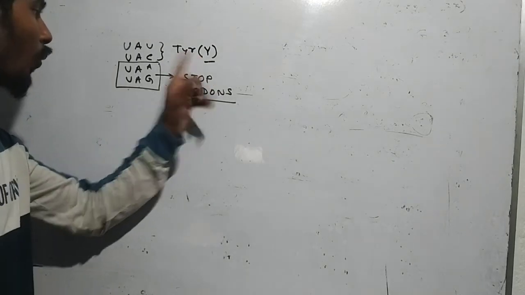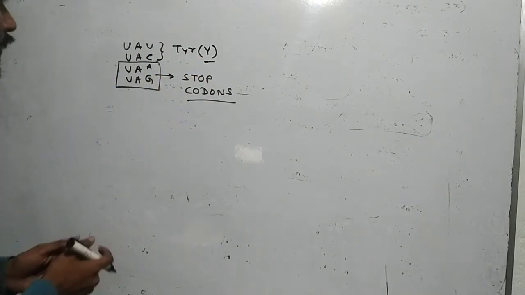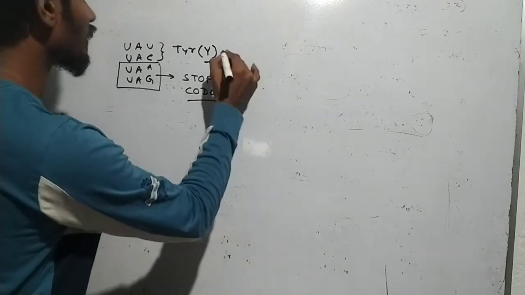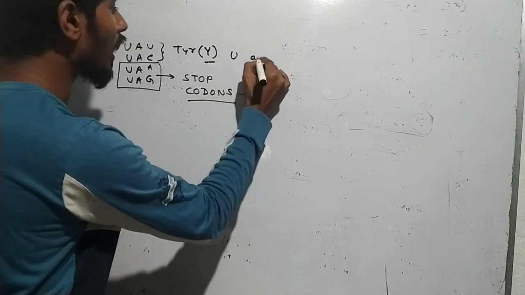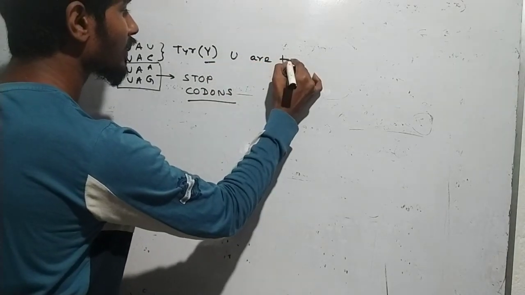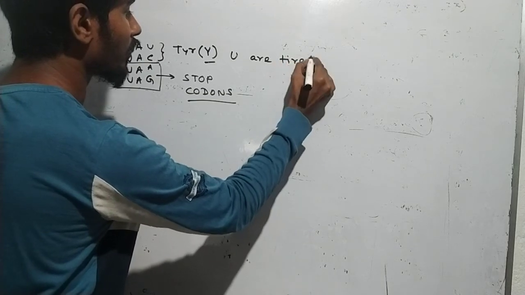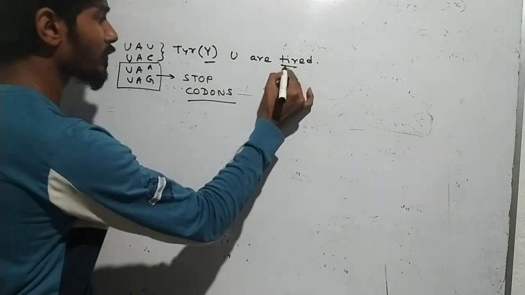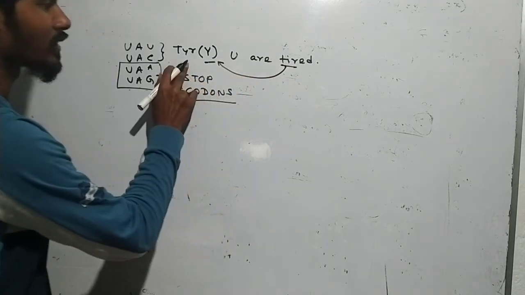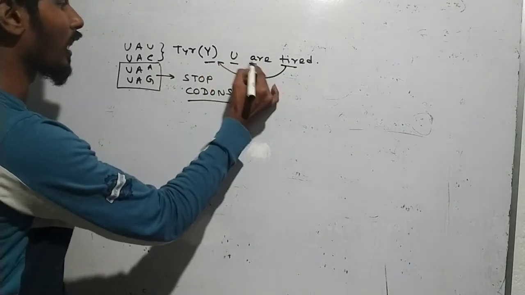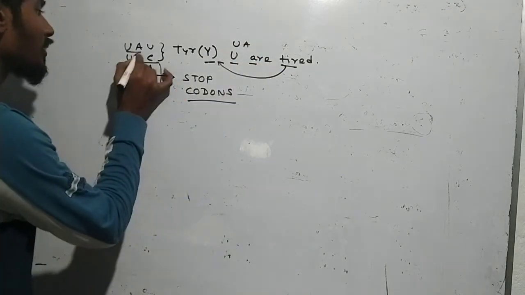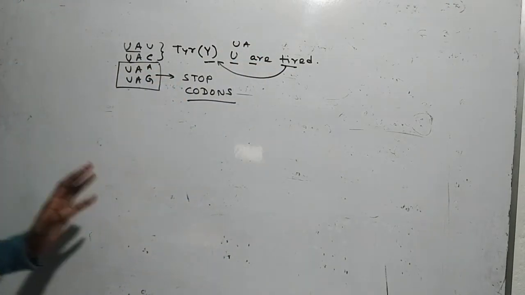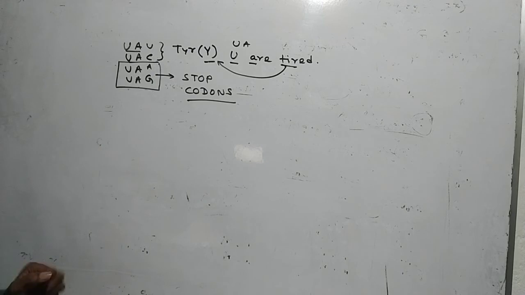Okay, so the tyrosine residue is TYR, and if you talk about the single letter representation, it's actually capital Y. So how can you remember this? You just remember this in this way, that you are tired, TIRED. So you are tired, tire means TYR, that is tyrosine. U and R, UA. Whenever there is UA, you just put the tyrosine residue.